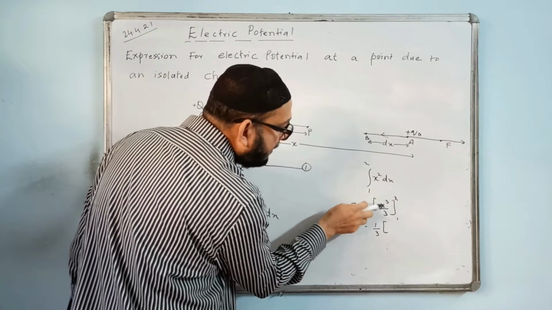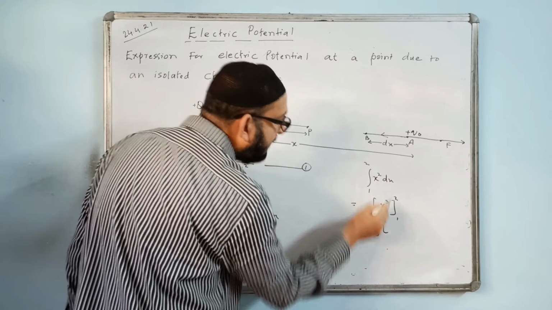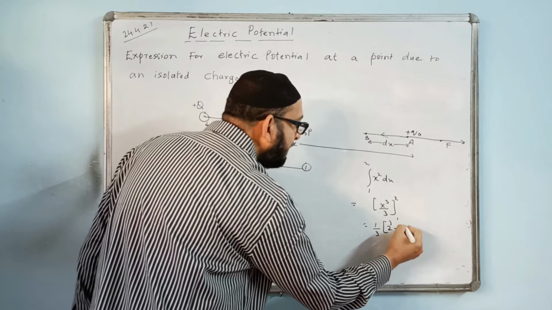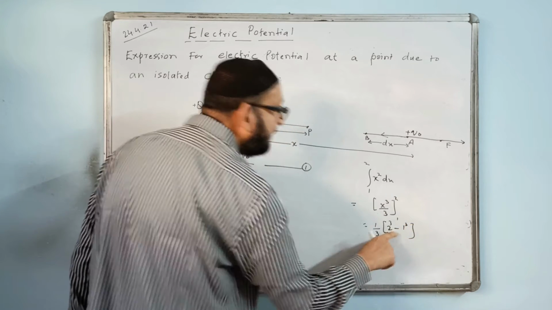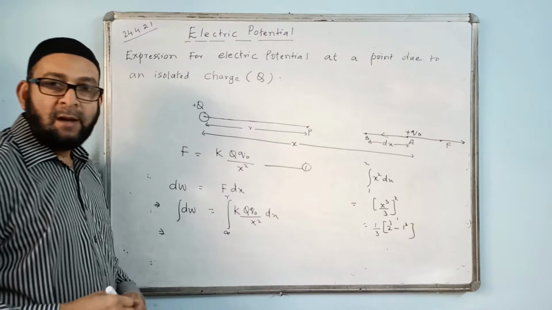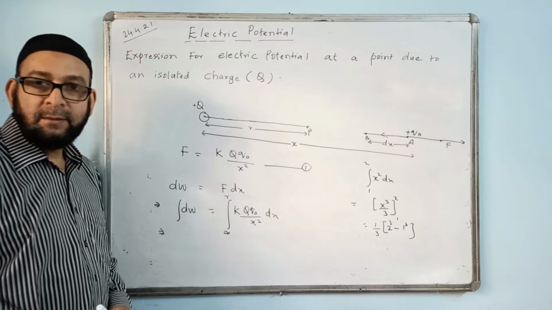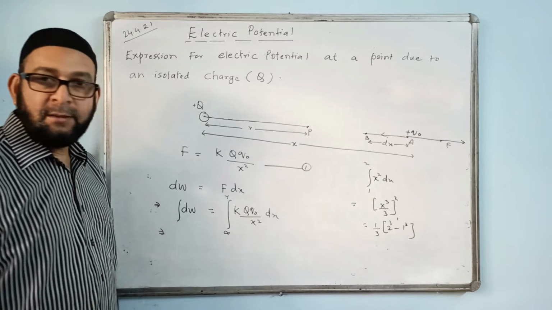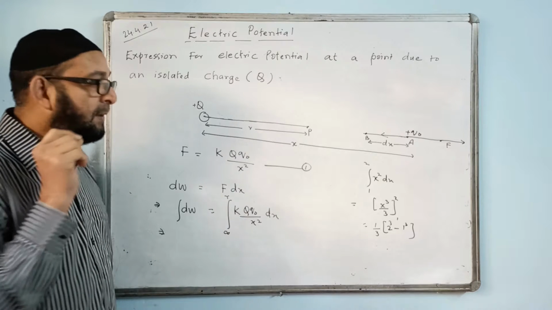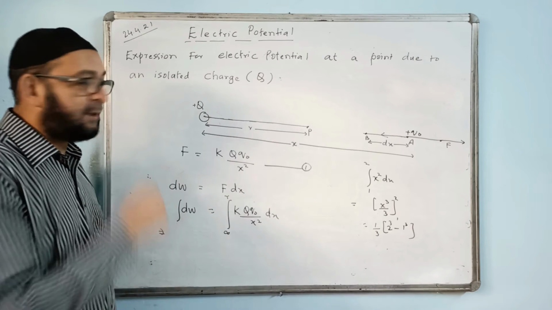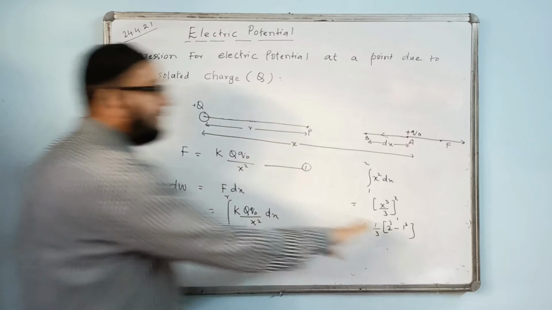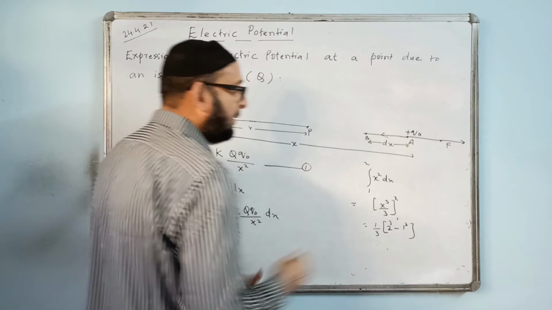First we put the upper value, that is 2, so 2 cube, minus 1 cube. This is the rule, giving a minus sign in between. After putting the upper limit for x, we put a minus sign and we put the lower limit for x, the second value of x, that is 1. And now we will do the calculation, whatever comes.